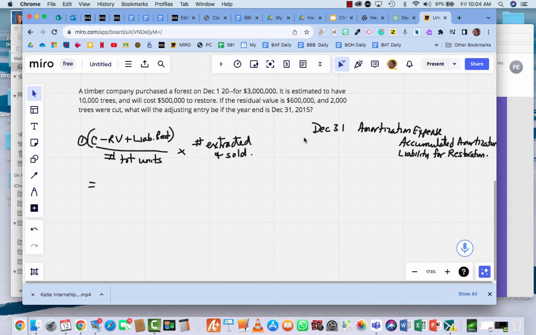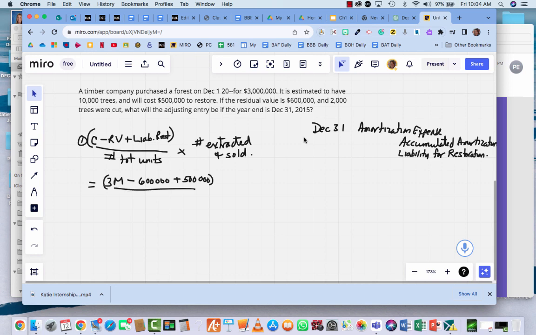Okay, so let's plop in our variables here. So we have $3 million was our cost minus our residual value, $600,000, plus our cost for restoration, $500,000.